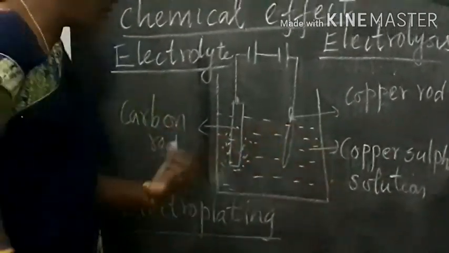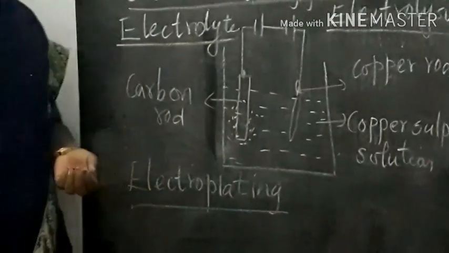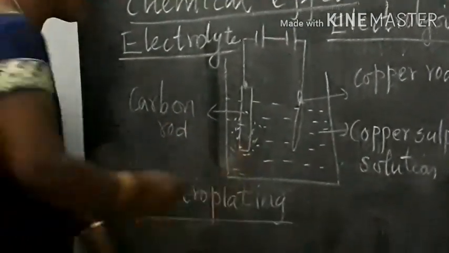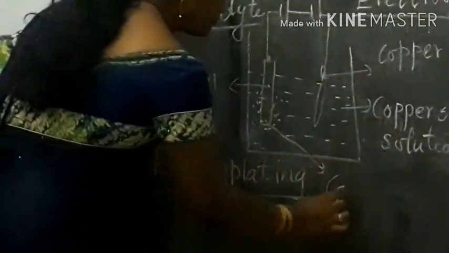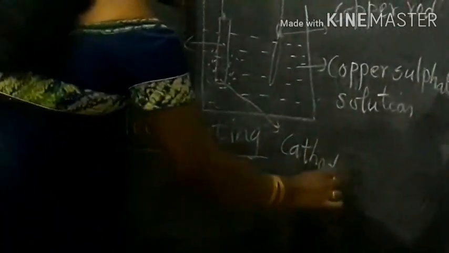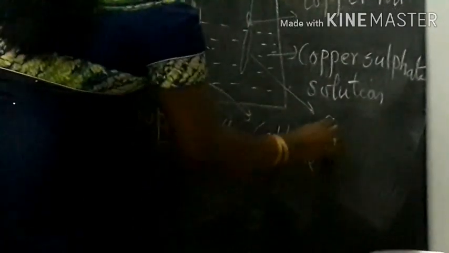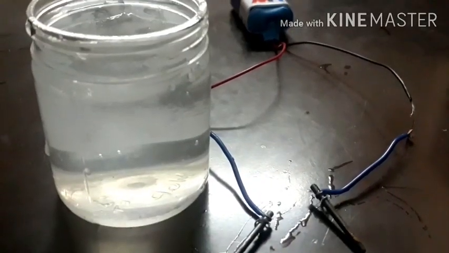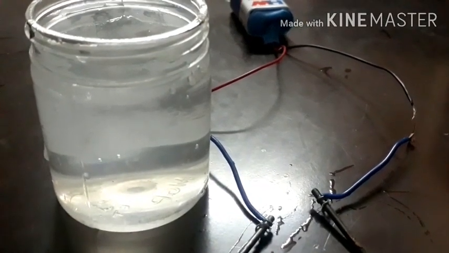So this is a best example for the chemical effect of electric current. Here the carbon rod acts as the cathode, and the copper rod acts as the anode.